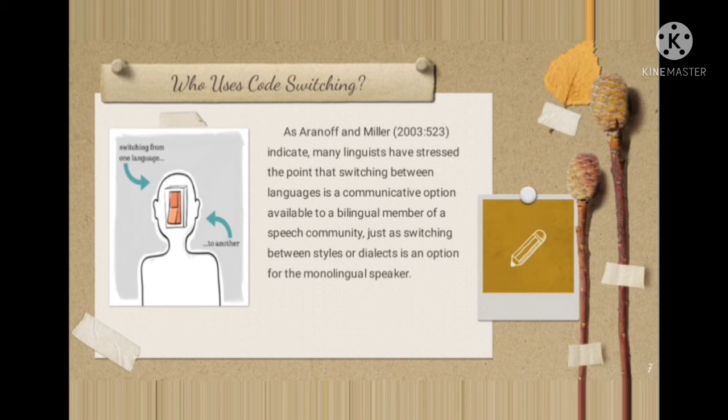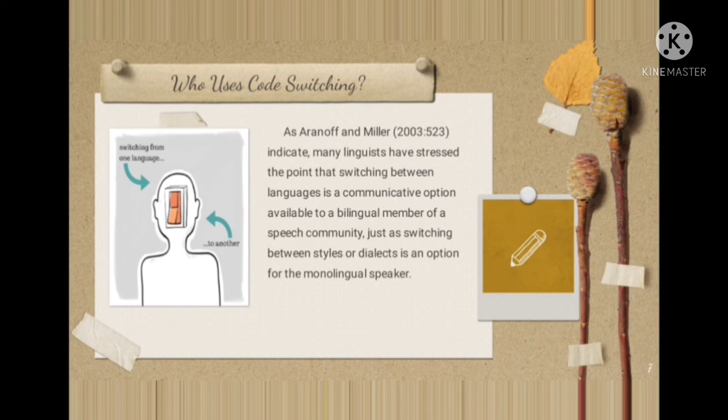And the next is who uses code switching. Code switching occurs mostly in bilingual communities. Speakers of more than one language are known for their ability to code switch or mix their languages during their communication.